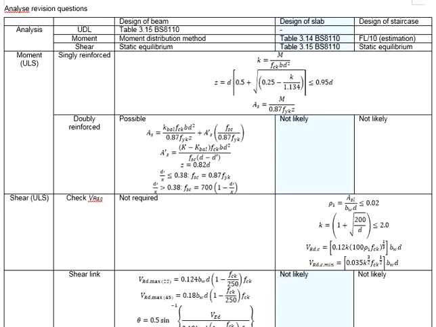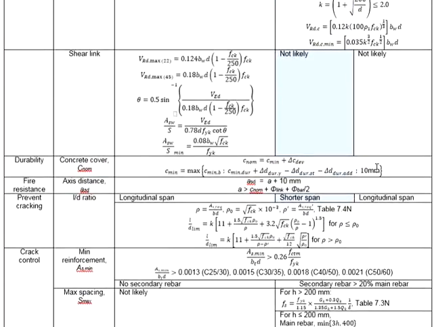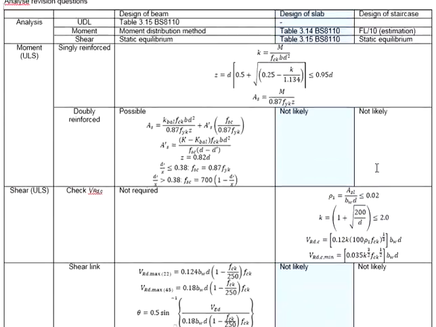Some are unique to one of the structural elements, and some are only applicable for the slab and the staircase. It will be rather challenging for you to memorize everything, especially when you see so many equations.